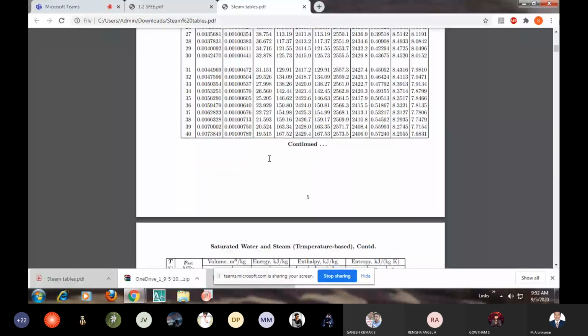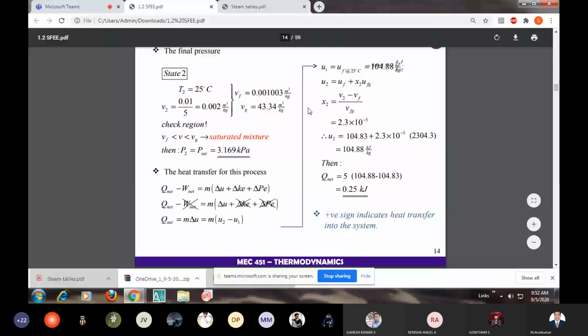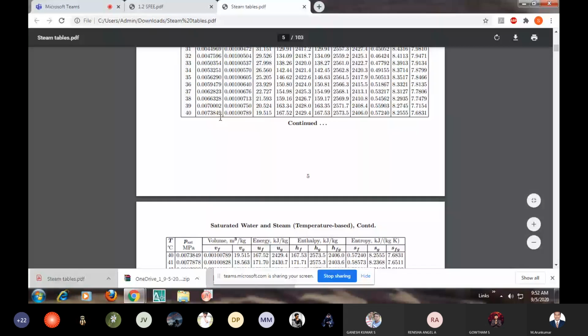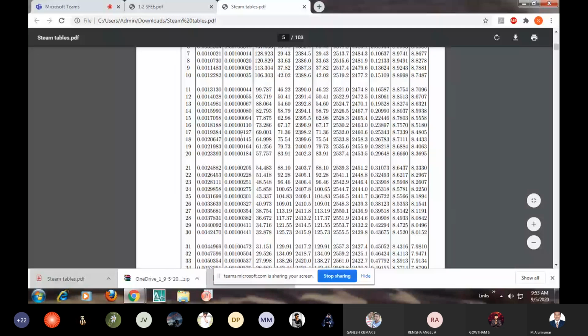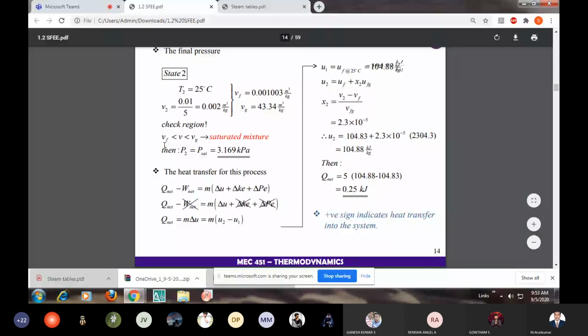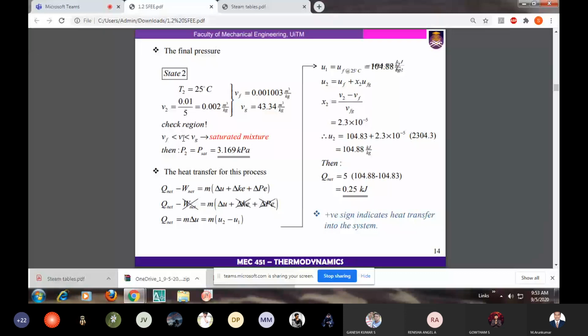And then for approximately the value V2 0.002. Yes, here we can take the values. So we can compare these three values. So VF will be less than V, that will be less than VG. That is a saturated mixture.